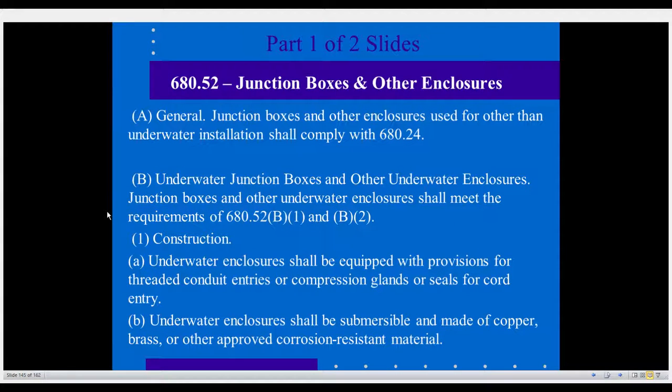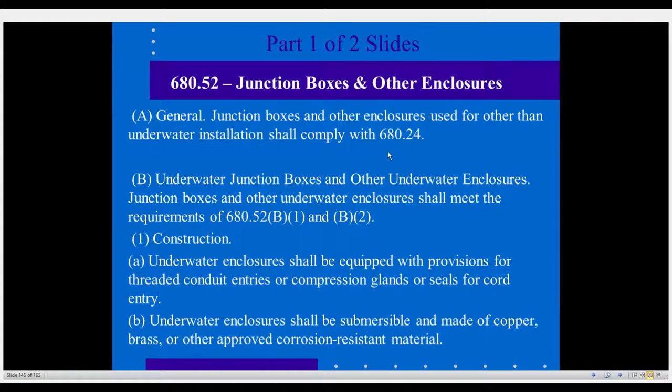Now, we got two slides here that are incorporated together. We're jumping into junction boxes, okay? Where the junction boxes are used, and we're talking about either above-water junction boxes or junction boxes that are under the water, okay? The general rule is telling us, hey, junction boxes and other enclosures used for other than underwater installations, so this would be anything used above the water, has to comply with 680.24.